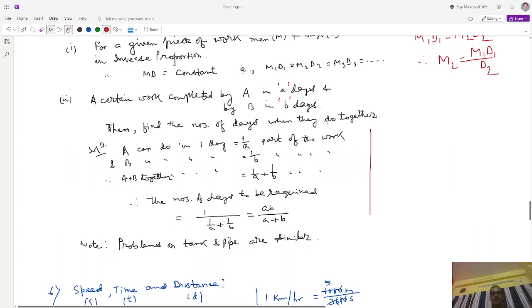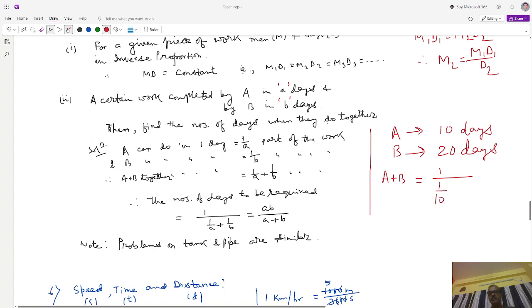So if A needs 10 days to complete this work, and B needs 20 days to complete the same work, then A and B together will need 1 by (1 by 10 plus 1 by 20).